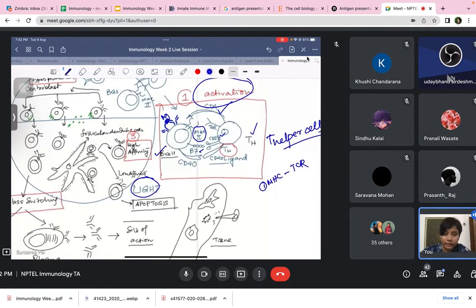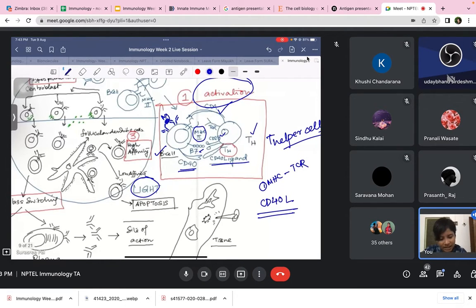There is another interaction which is important for this activation, which is CD40 ligand and CD40. So CD40 is expressed by the B cell, whereas CD40L or CD40 ligand is expressed by the T helper cell, and this is also one major component in this activation process, in this interaction between the T helper cell and the B cell.